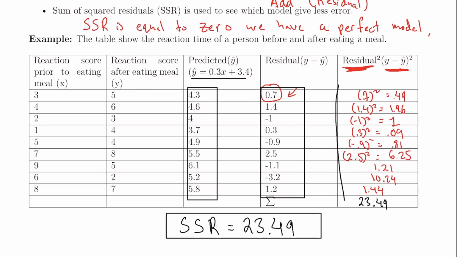And then you finally do the residual square. It takes a lot of steps, but like I said, in the test or in the quiz, I'm not going to expect you to calculate it, but you should know what the sum of square residual represents. Any question for the sum of square residual?